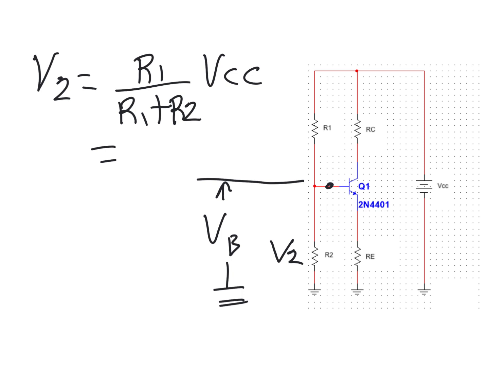Let's make that an R2, shall we? So R2 was 5.6, divided by 5.6 plus 20, which is 25.6, times VCC, which is 22, equals 4.8181 volts.